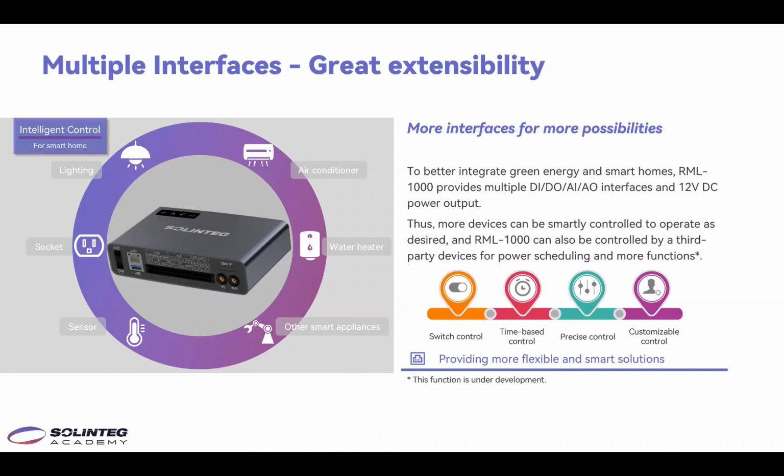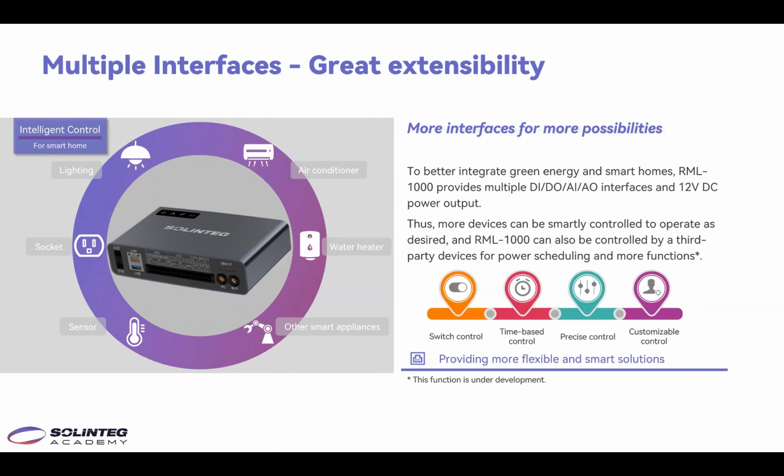It also can set a precise target temperature value for the air conditioner to work. So it is not only turning a load on or off, it can set a target value for the loads. In this way, it can realize precise intelligent control, and it can also achieve IoT functions.